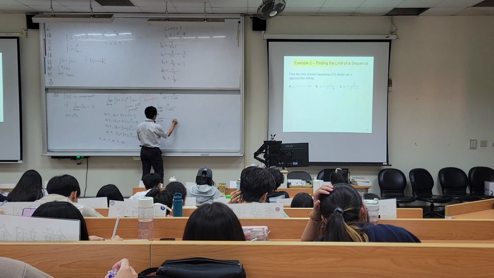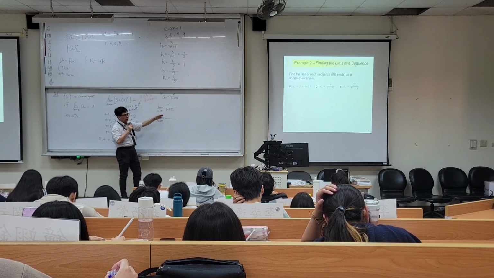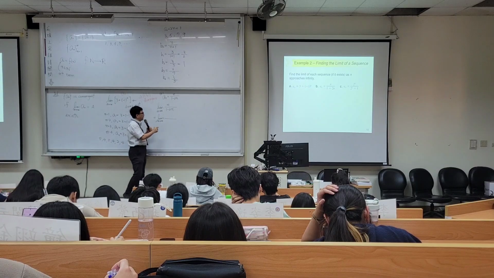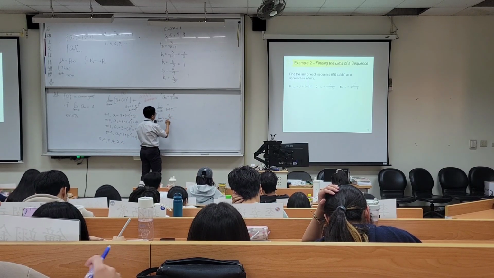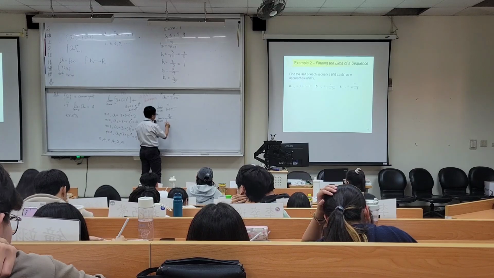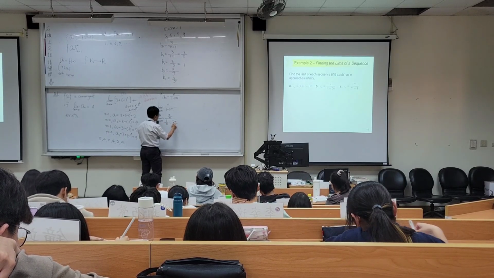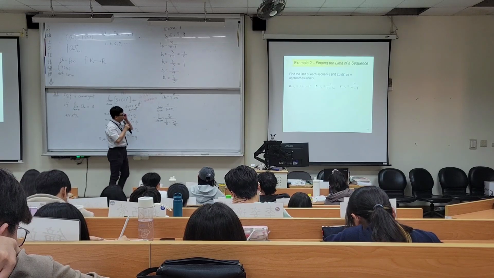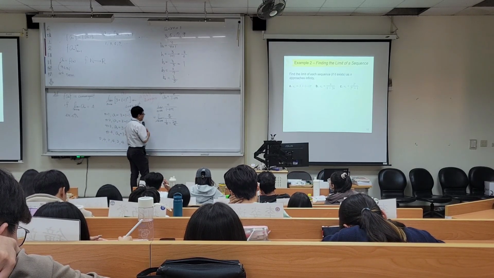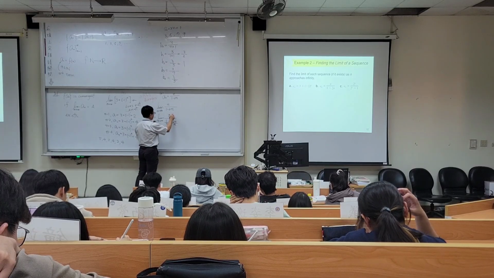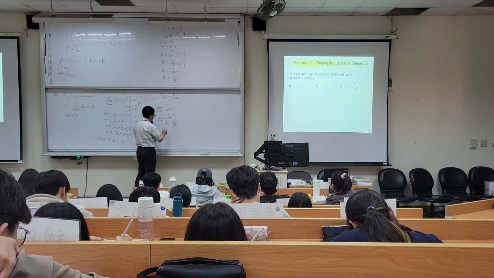I divide the numerator and denominator both by n. So n divided by n is 1, over 1 over n minus 2n over n. And this 1 over n converges to 0.